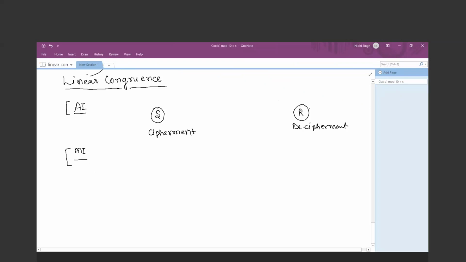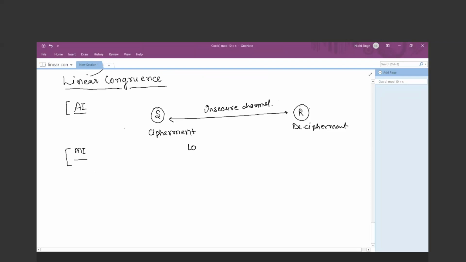So suppose the sender wants to send data having a value 10. Now this is the plain text, the original message, and the communication channel between the sender and the receiver is not secure. It is an insecure channel. So in that case, the sender has to perform the cipherment algorithm over the plain text 10.